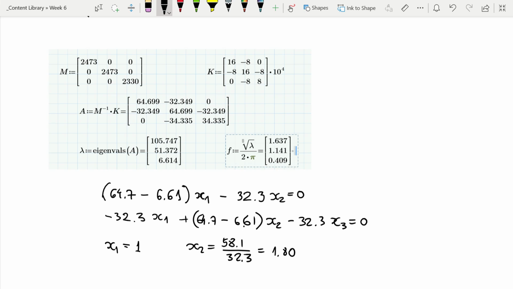And then with these values, x3 is equal to minus 32.3 plus, in bracket 64.7 minus 6.61 times 1.8, divided by 32.3, and that is 2.24.